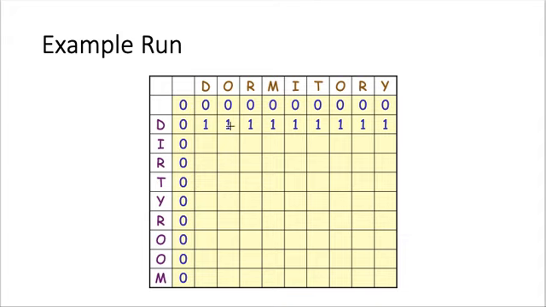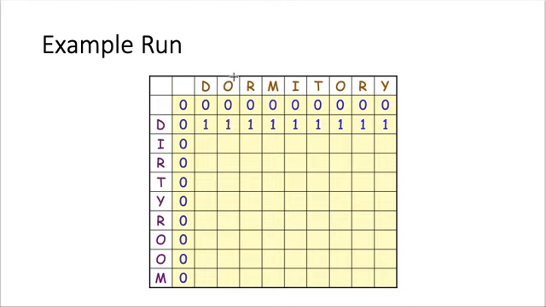Now, how about this entry? This entry represents, we want to find out what is the length of the longest common subsequence of D versus DO. When D is versus DO, we find out that the last characters are not the same. One is D, the other is O. So it is due to either the removal of this character or the removal of this character. Am I correct?